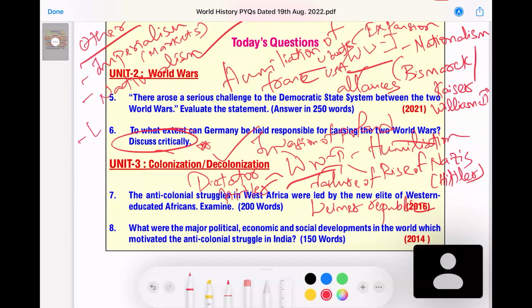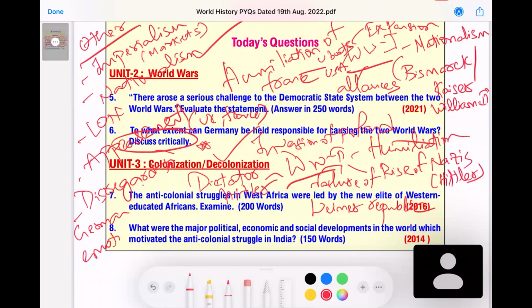Failure of League of Nations. Appeasement policy by France and UK. Disregard to German emotions. Here, disregard to German emotions is different because this is not in the hands of Germany.